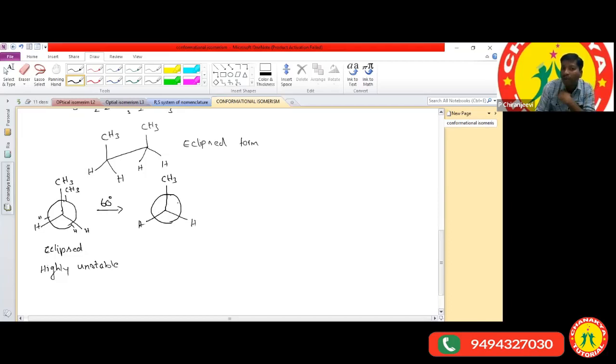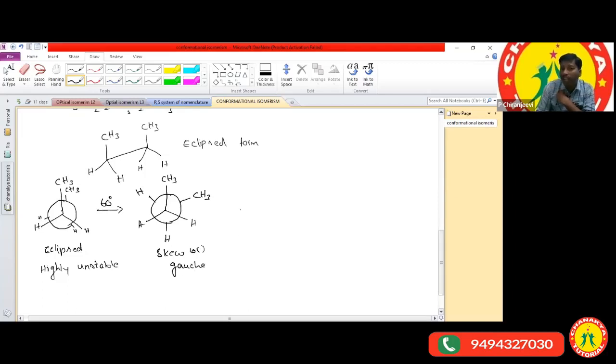When the second carbon atom rotates 60 degrees, this methyl group comes here, and the hydrogen comes here, and this hydrogen moves from here. So this we can call the skew or gauche form.